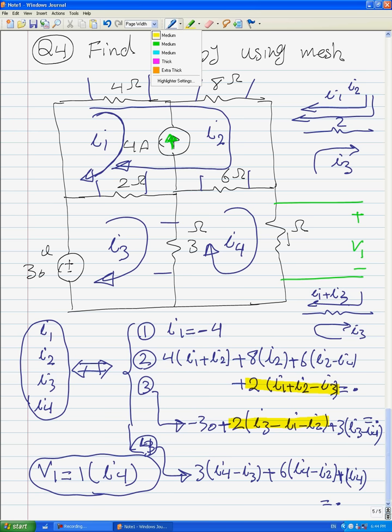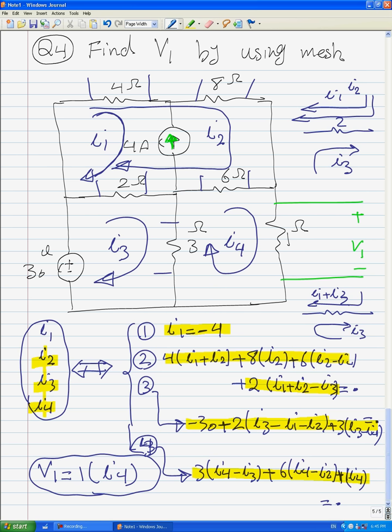And now it's clear. We have I1 here. That's why we have 3 unknowns, I2, I3, and I4. We have one equation here, one equation here, and one equation here. That's why we have 3 equations and 3 unknowns. And after simplifying the 3 equations, we can find all of the currents.